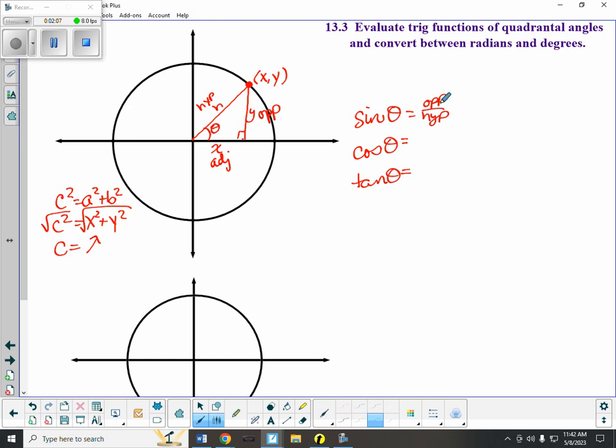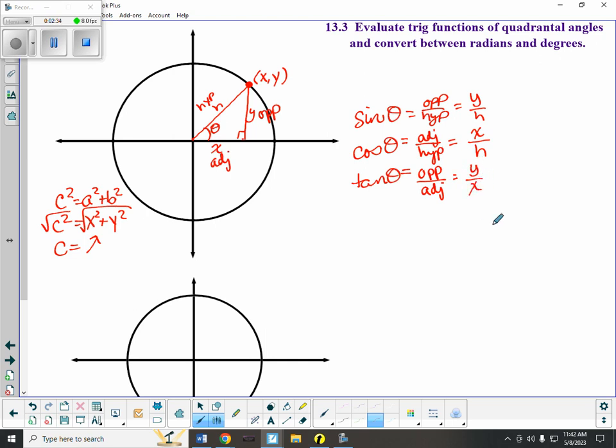So using the letters, the sine of theta would be y over h. Cosine is adjacent over hypotenuse, so that is x over h, and tangent is opposite over adjacent, so that would be y over x.